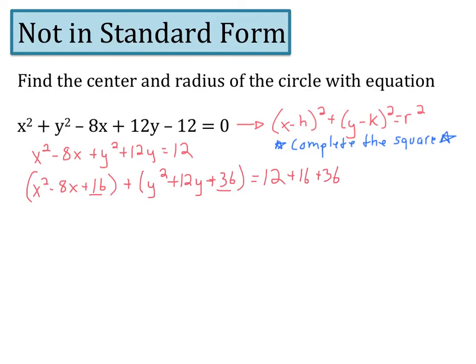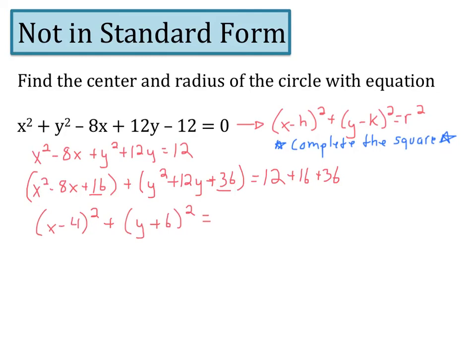So now on the left side, I can factor x² − 8x + 16 to be (x − 4)². I can factor y² + 12y + 36 to be (y + 6)².